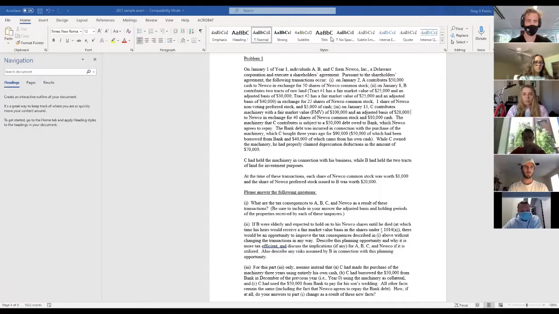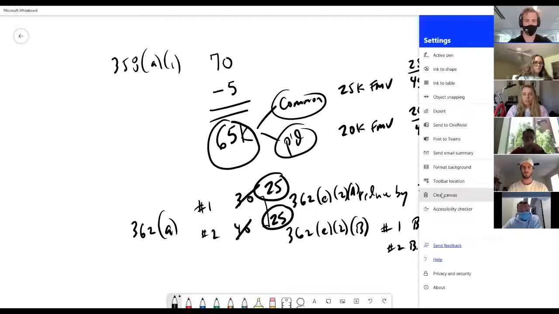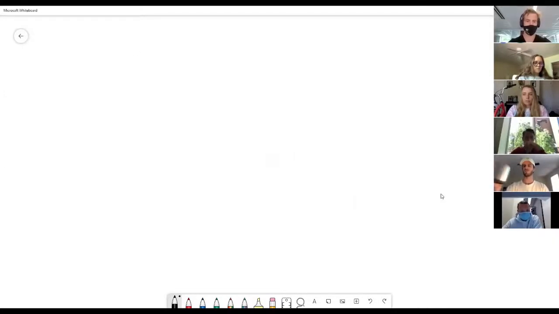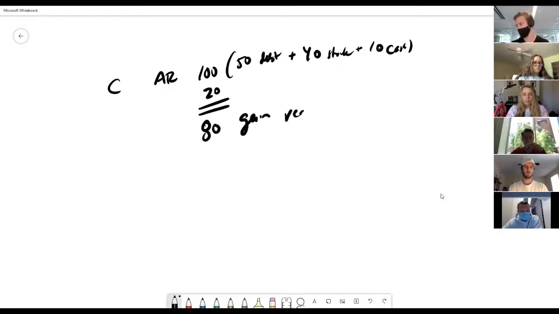So we can go back here and say, starting from the top, C's amount realized is 100. So 50 of assumed debt plus 40 of stock plus 10 of cash. 20 is his basis. So he has 80 of gain realized.